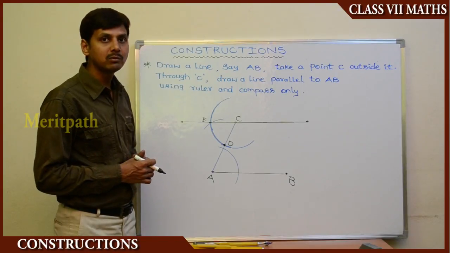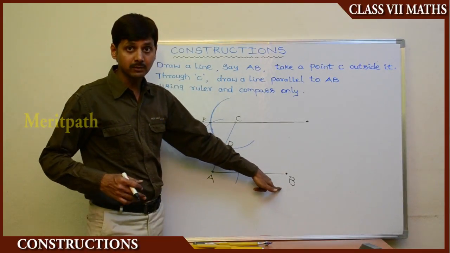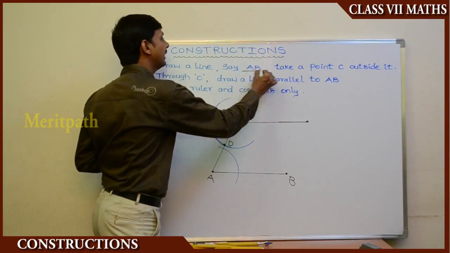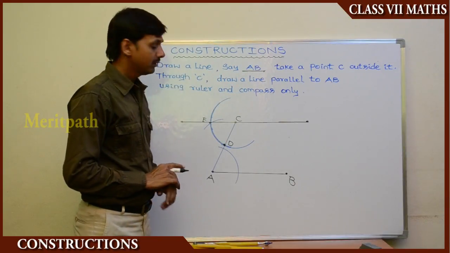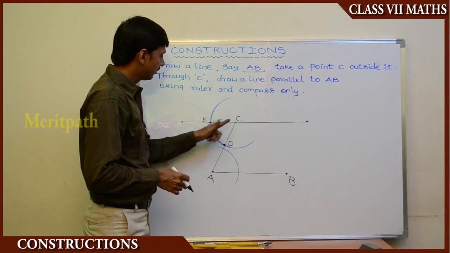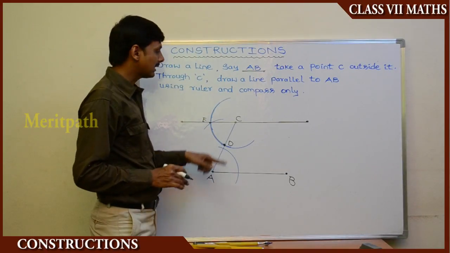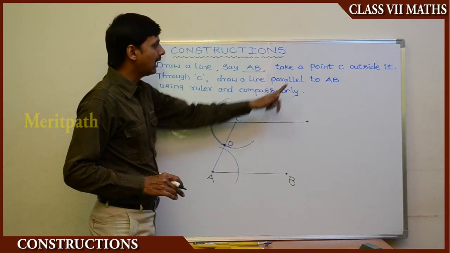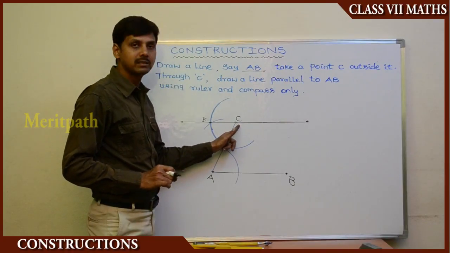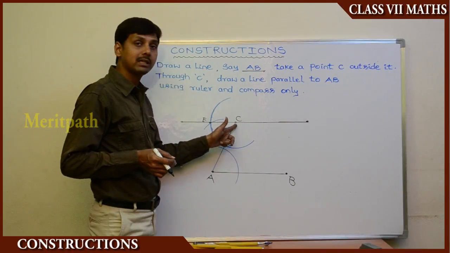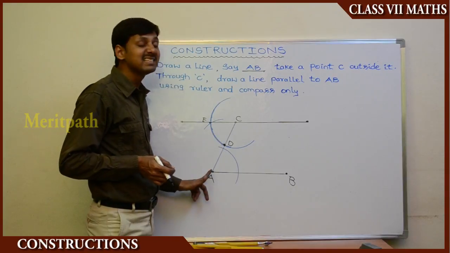Let's recall again. We have drawn the line segment AB first. After that, we took a point outside of AB and joined it with A, so AC is formed.